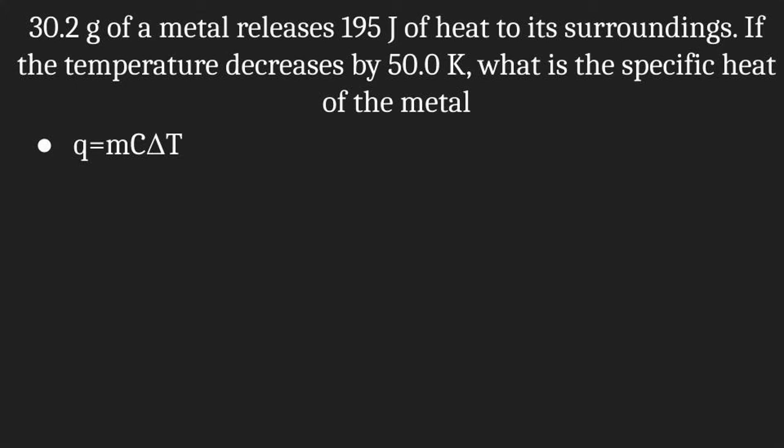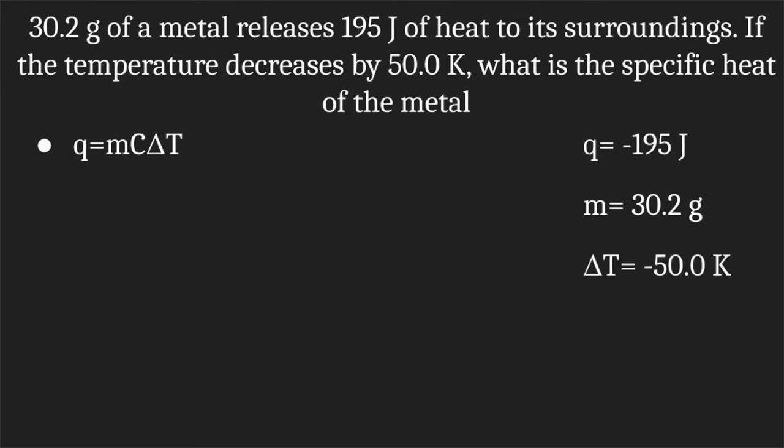Now, let's go to the side and write our givens. We're told that Q is 195 joules, but we're releasing 195 joules of heat, so we're going to write it as negative 195. We're told that our mass, or M, is 30.2 grams, and then we're told that the temperature decreases by 50 Kelvin, so we're going to write delta T, or our change in temperature, as negative 50 Kelvin.